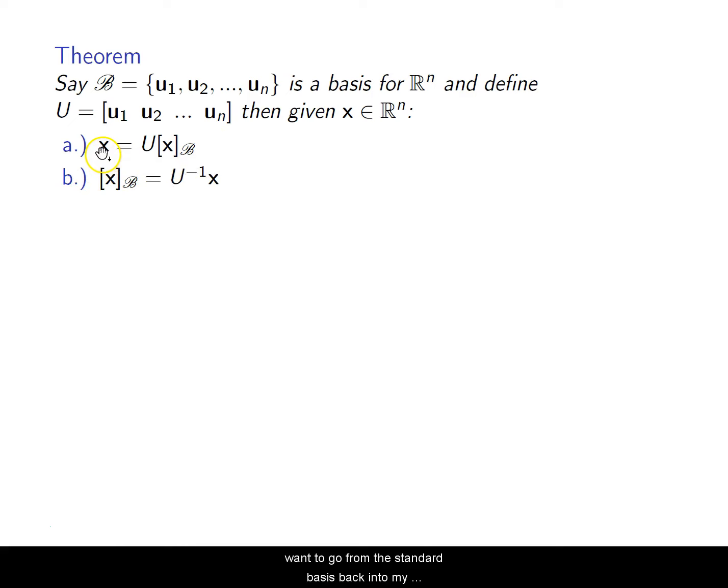If I want to go from the standard basis back into my representation of x in b, the way that I view that vector x in the basis that I want, I take that matrix formed from the column vectors, and I invert it and I multiply it times my representation of x in the standard basis. Right, so that's how we go from one basis to the standard basis, or from the standard basis to a basis of my choosing.